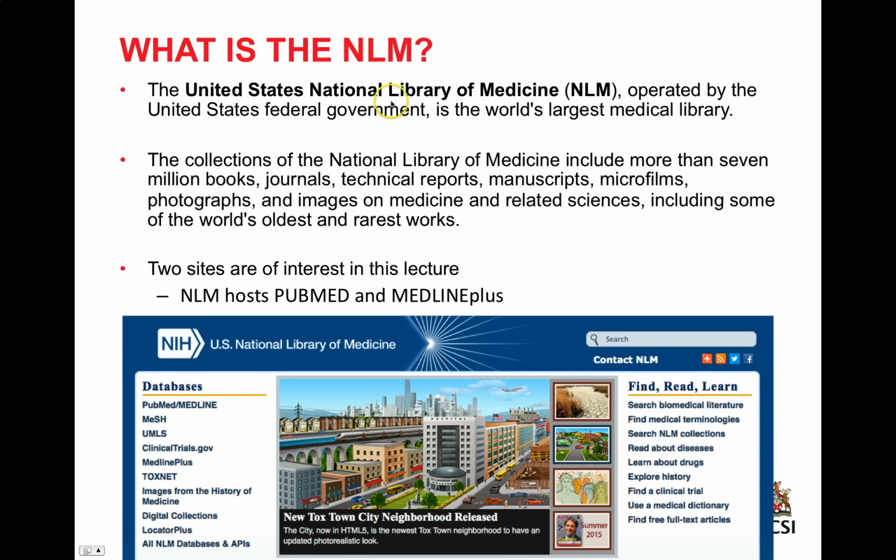The United States National Library of Medicine, operated by the federal government, is the world's largest medical library. The collections include more than 7 million books, journals, technical reports, manuscripts, microfilms, photographs, a huge amount of information, including some very old and rare works.